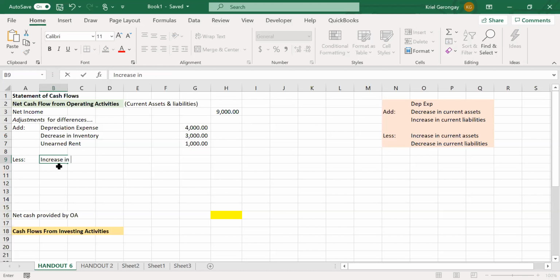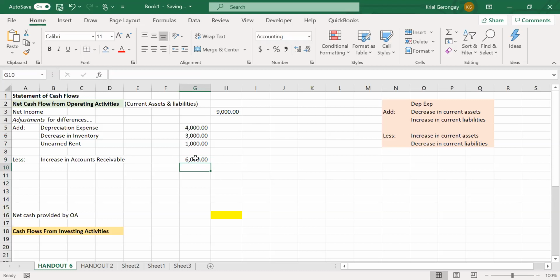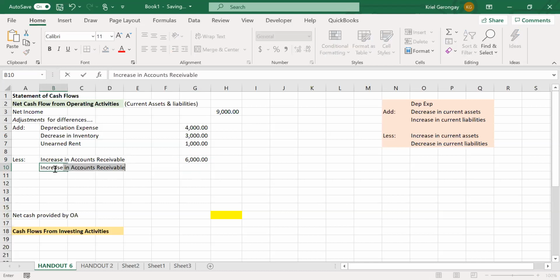Increase in accounts receivable, 6,000. And then the next account, which is supplies, there's also an increase in the supplies. So increase in supplies, which is 2,000.